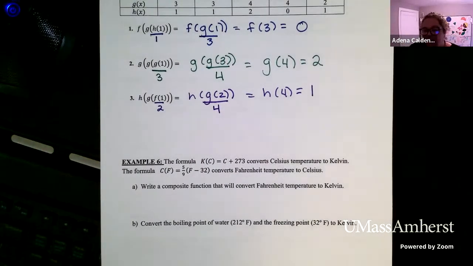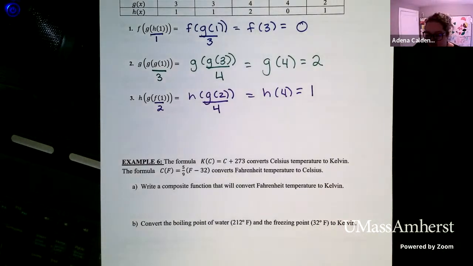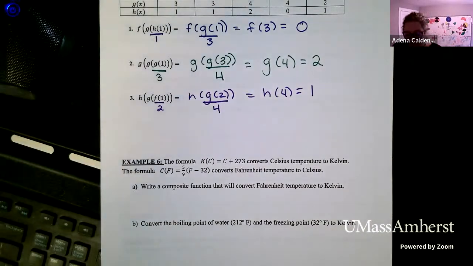I'm going to give you 2 minutes to think about how we can set up this composite function. And then if you are able to figure it out, then for part B, you should be able to plug in those values and evaluate them like we have been looking at a particular point.